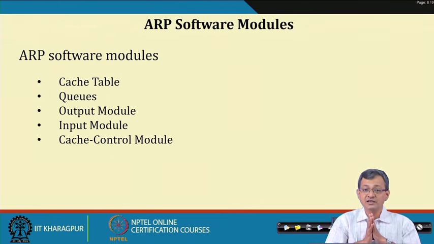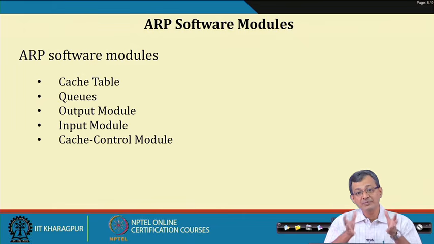There can be an ARP queue, output module, input module, and cache control module. These are the typical modules in an ARP suite, or what I can call an ARP software package.